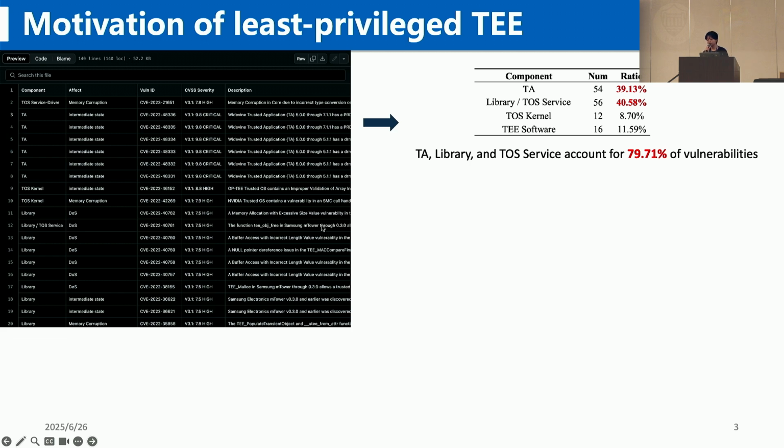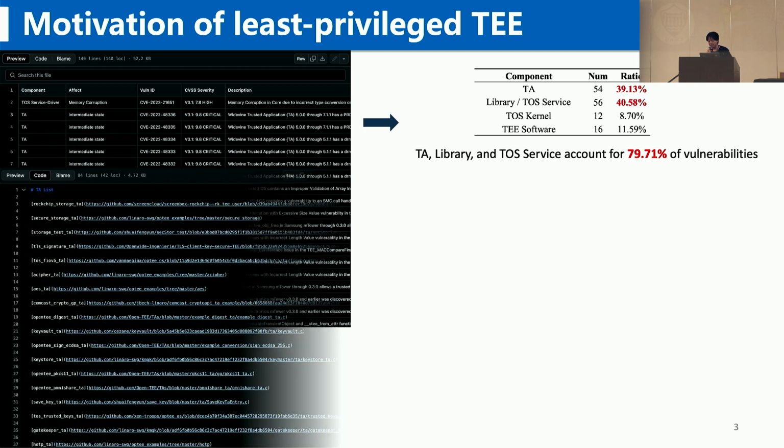Our analysis shows that the most vulnerable parts are the TA, the libraries used, and TOS services, together accounting for 79.71% of the reported CVEs. It shows that these components need more careful design when improving system security.